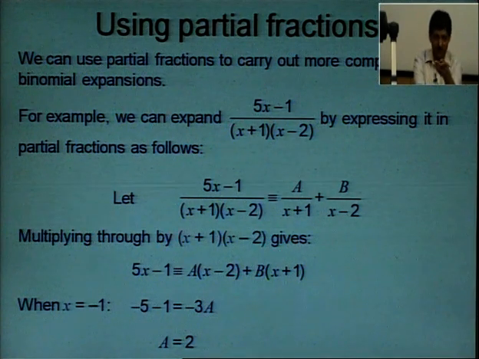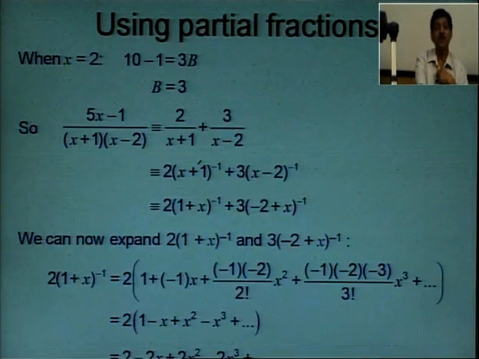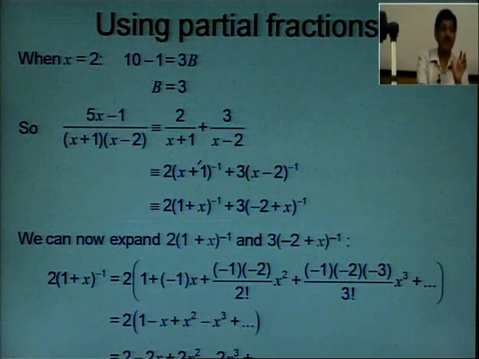So, choosing x equal to minus 1 and x equal to 2, you can get the values of a and b. So, ultimately you can write this expression equivalently as 2 upon x plus 1 plus 3 upon x minus 2, and that is 2 times 1 plus x raised to power minus 1 plus 3 times x minus 2 raised to power minus 1, and of course both the expansions are standard.